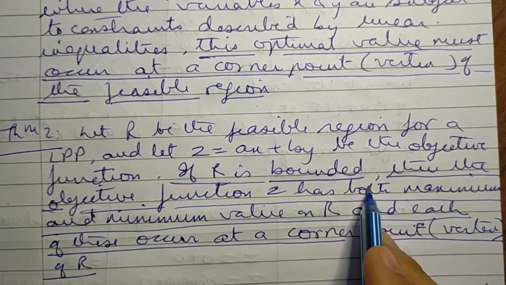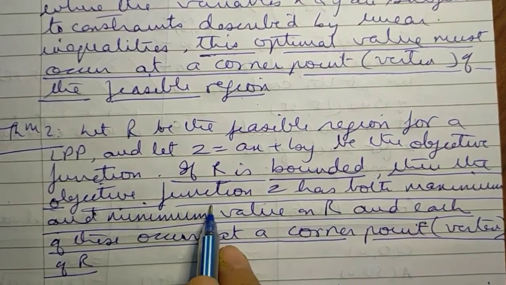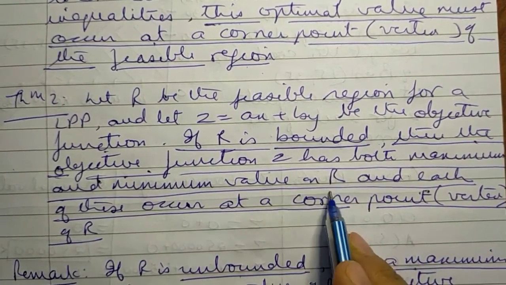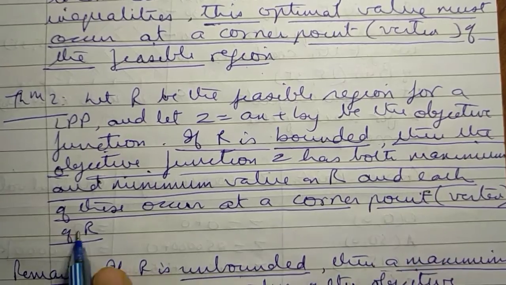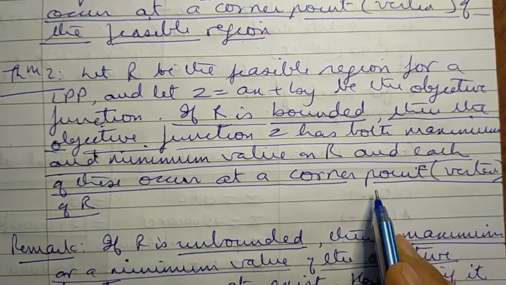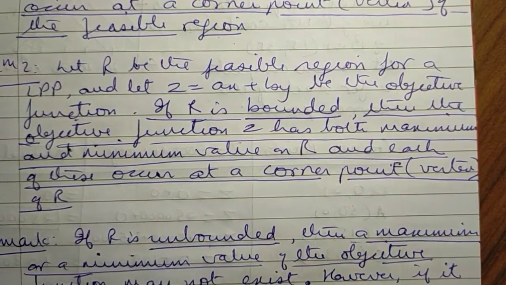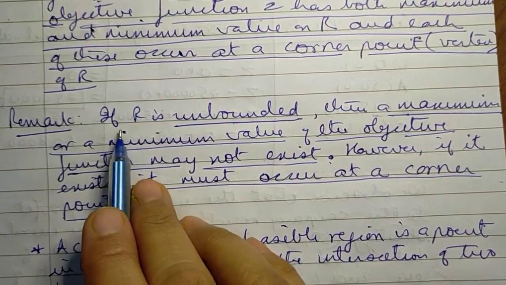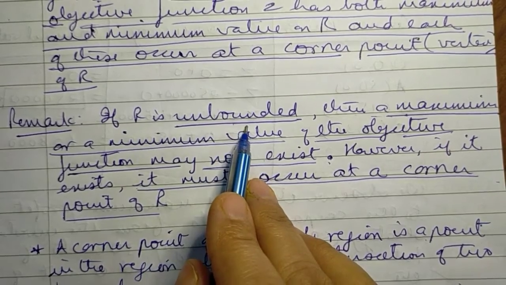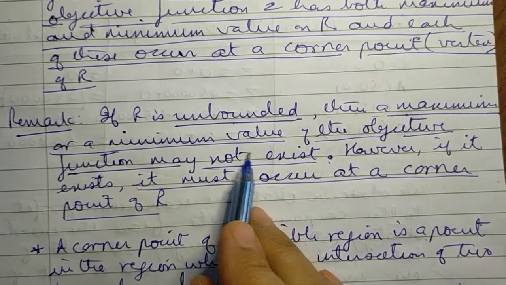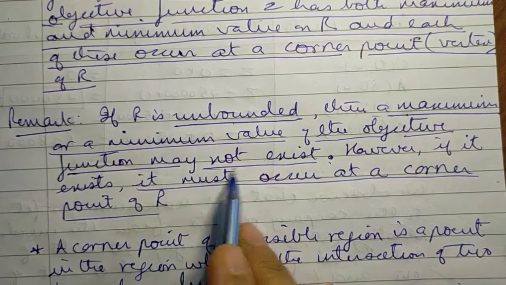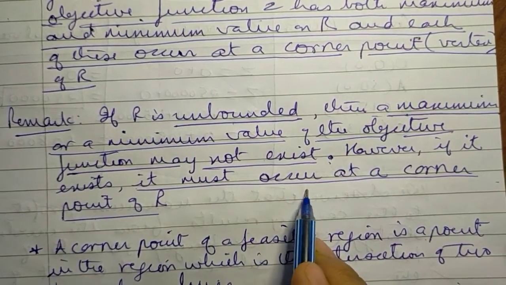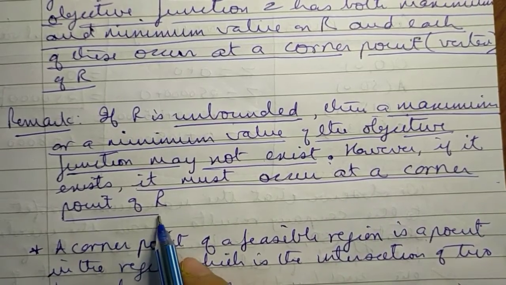If R is bounded, then the objective function Z has both maximum and minimum value on R, and each of these occurs at a corner point, that is a vertex of R. Now a remark: if R is unbounded, then the maximum or minimum value of the objective function may not exist. However, if it exists, it must occur at a corner point of R.